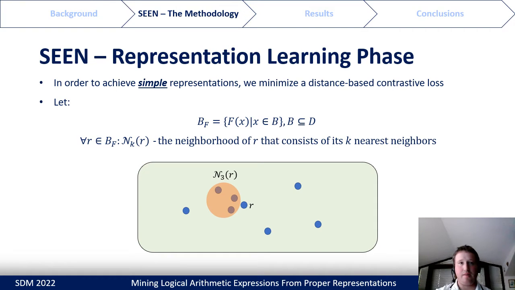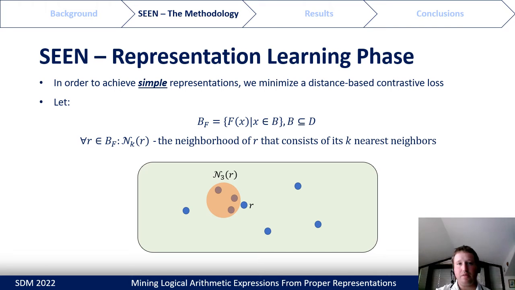The simplicity qualification is achieved via a regularization term that encourages unscattered neighborhoods, which are expressed by clusters that are compact and well separated. I do so by minimizing a distance-based contrastive loss component as follows. For each observation, I use the learned feature extractor F to compute its representation.